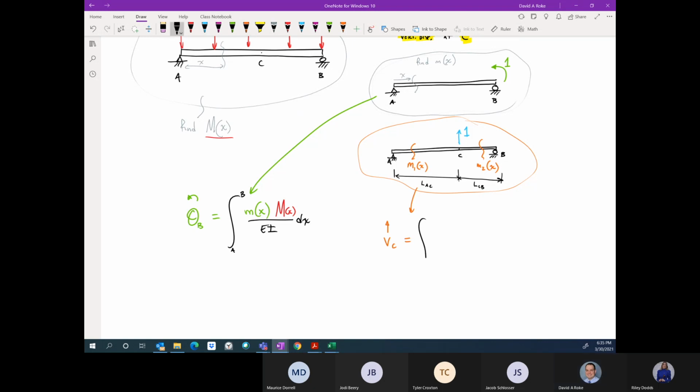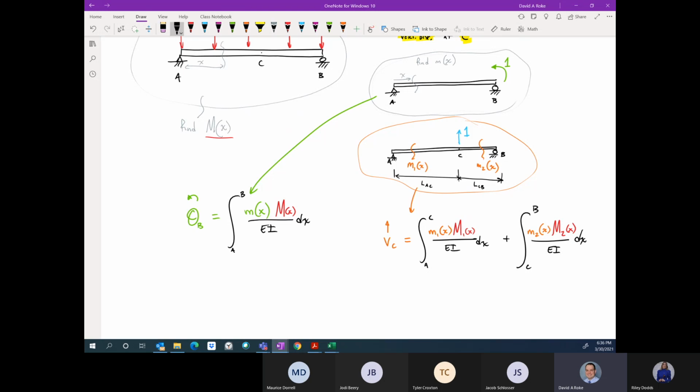That is equal to the integration from A to C of lowercase m1 of x times capital M1 of x, divided by EI dx, plus the integral from C to B of lowercase m2 of x times capital M2 of x over EI dx, where in this particular circumstance, capital M1 and capital M2 are both identical and they're both equal to capital M of x. And that's all there is to it.